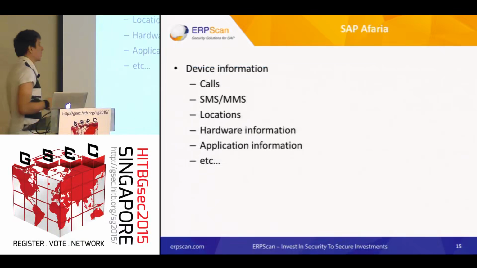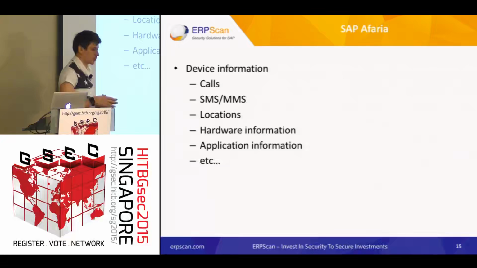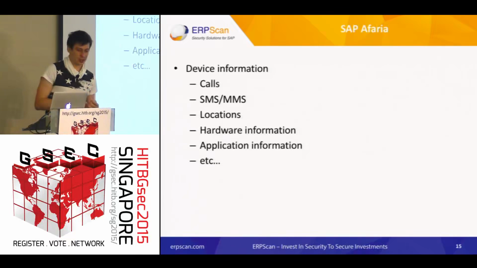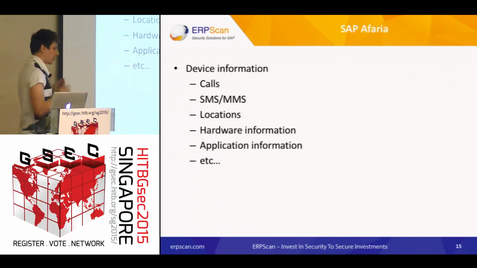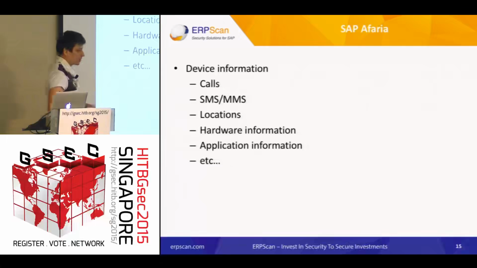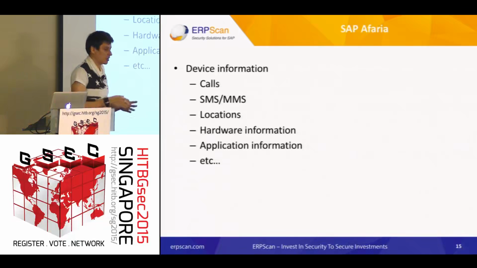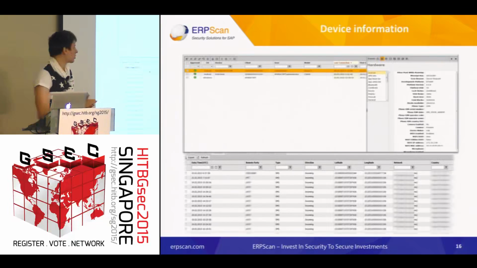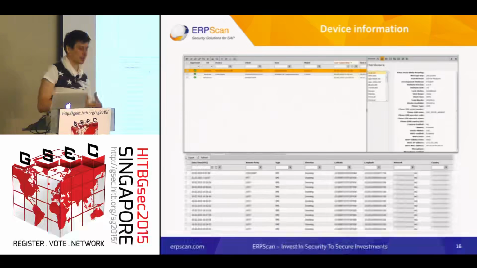So, of course, SAP Afaria collects all possible information about the user's portable device: about calls, SMS, about location, hardware information, application information, which applications are used, etc. And that's how its administrator panel looks.